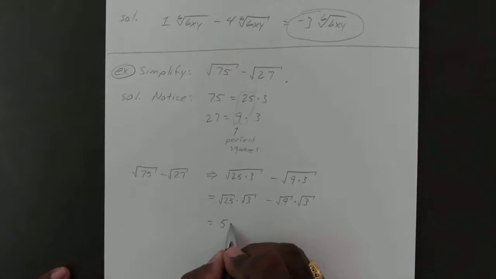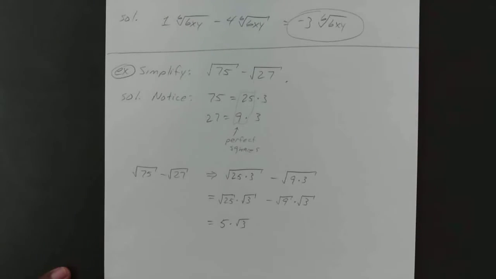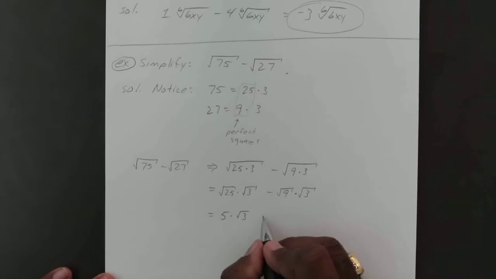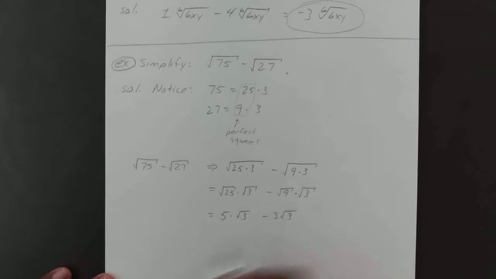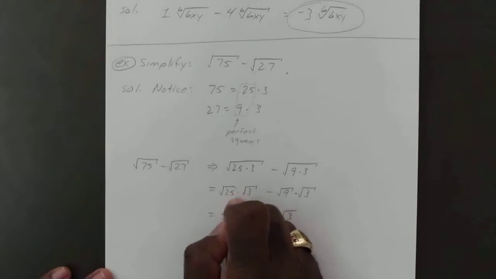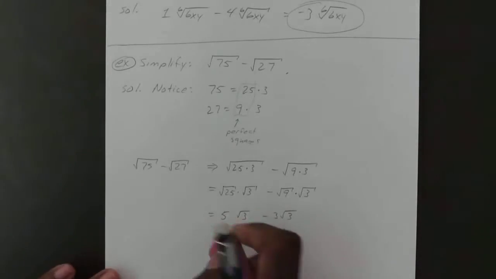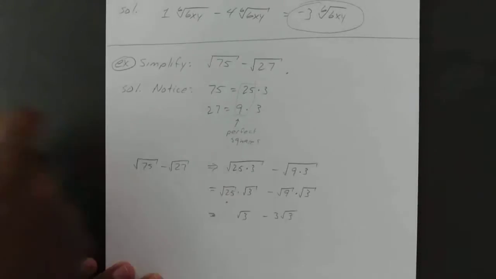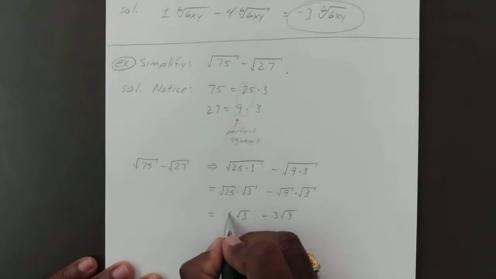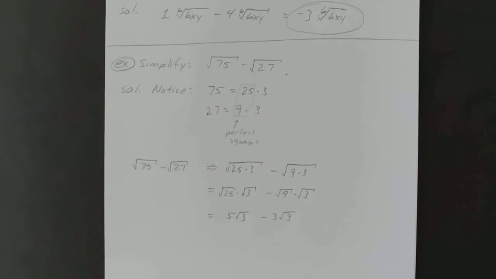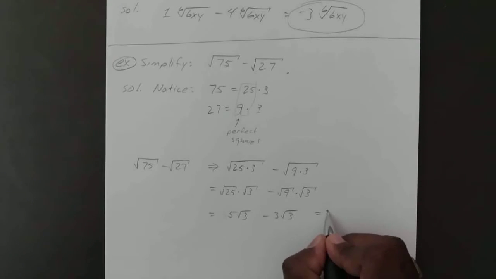So you have 5 times square root of 3. Square root of 9 is 3, so 3 times square root of 3. You don't really need the dot for the multiplication. So now you have 5 square root of 3 minus 3 square root of 3, which is 2 square root of 3.